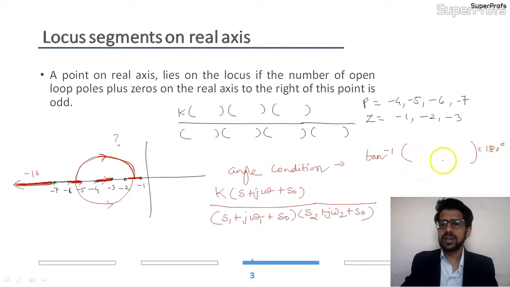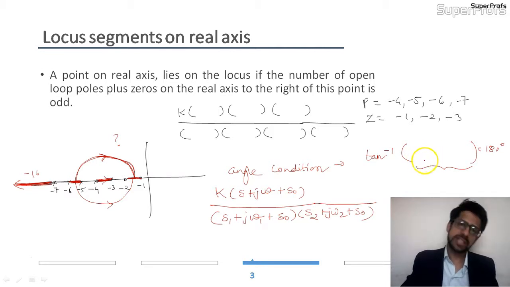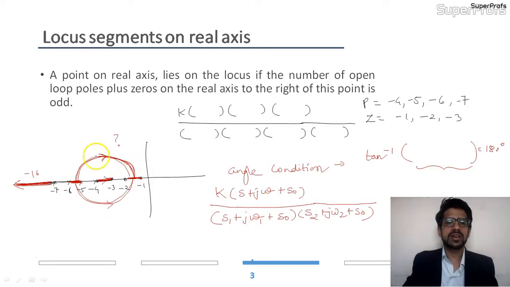The angle terms in this bracket will have to go to 0, and if you solve that, it gives the equation of a circle, and that's why you get a circle over here.